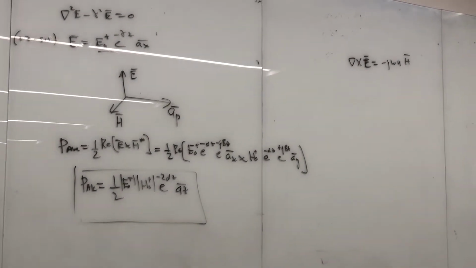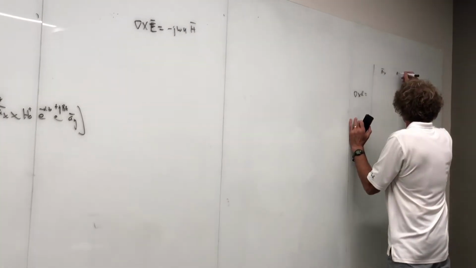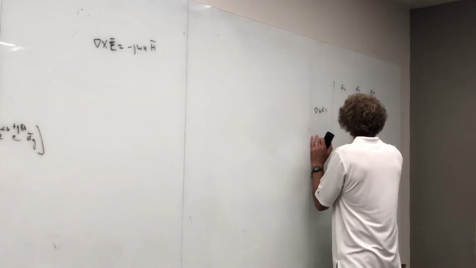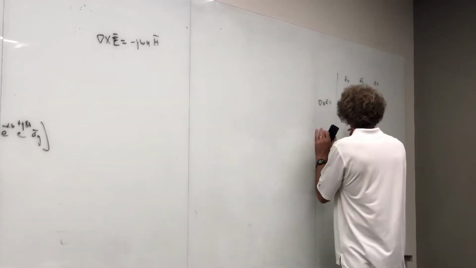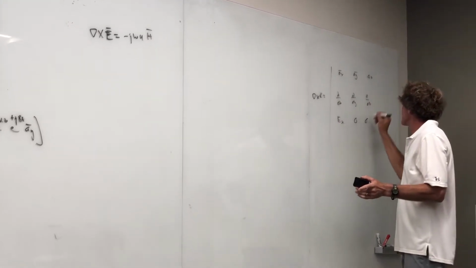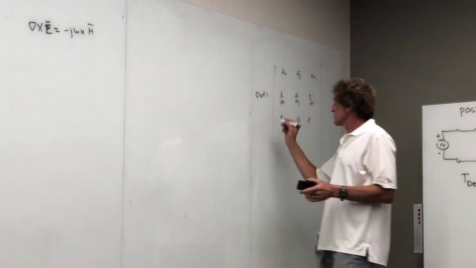Curl of E can be rendered as AX, AY, AZ, d dx, d dy, d dz. You don't have to write this down. And then it's Ex. Remember, there's only an X component. These two are zeros. Correct, class? All right, well, what's that curl of E going to be?